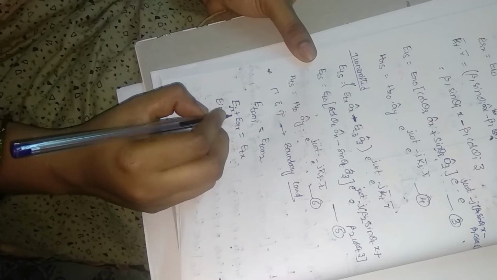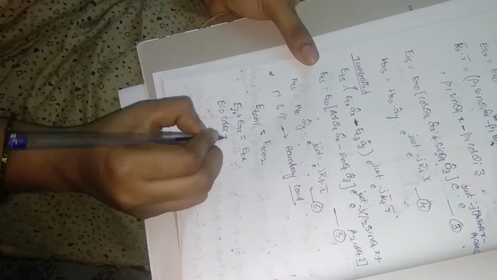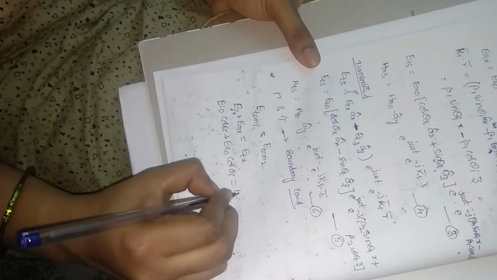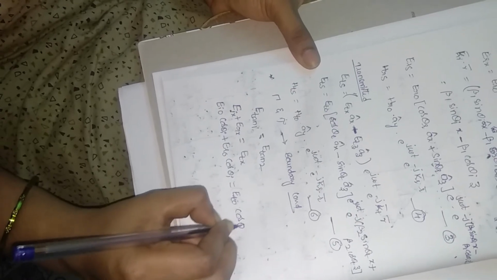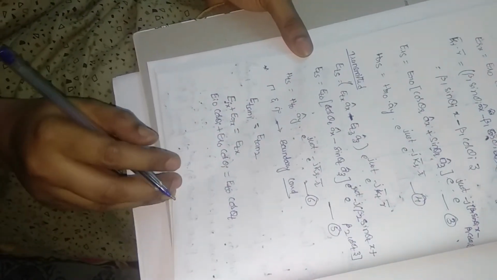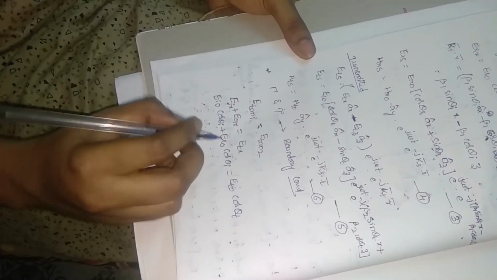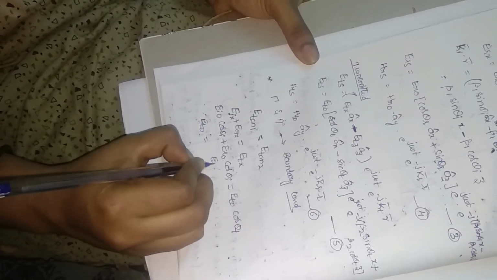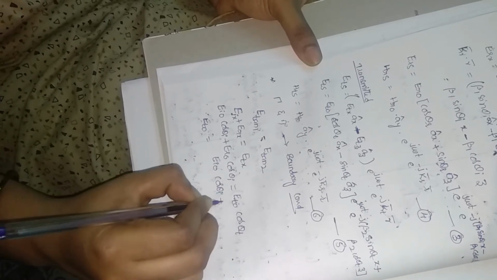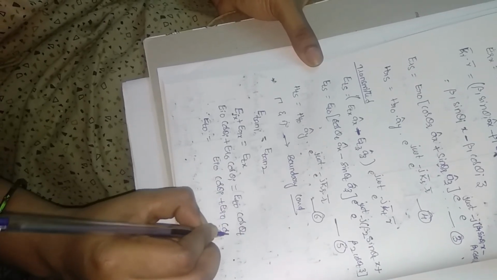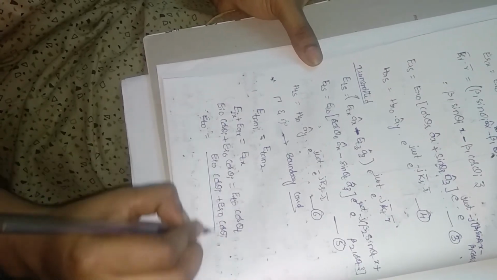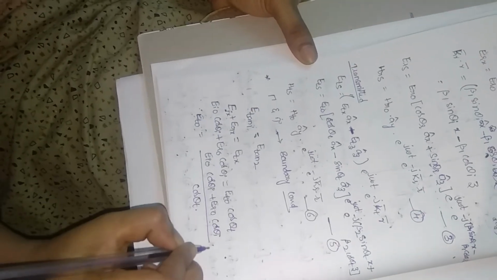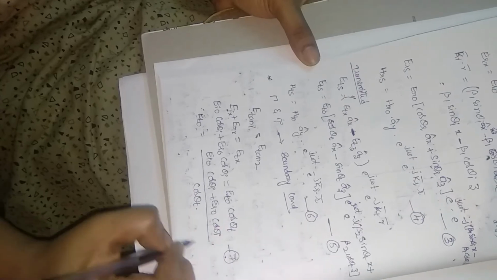EI naught cos theta I plus ER naught cos theta I is equal to ETX, which is ET naught cos theta T. Therefore, from this, ET naught is equal to EI naught cos theta I plus ER naught cos theta I, divided by cos theta T. Let it be equation number 7.